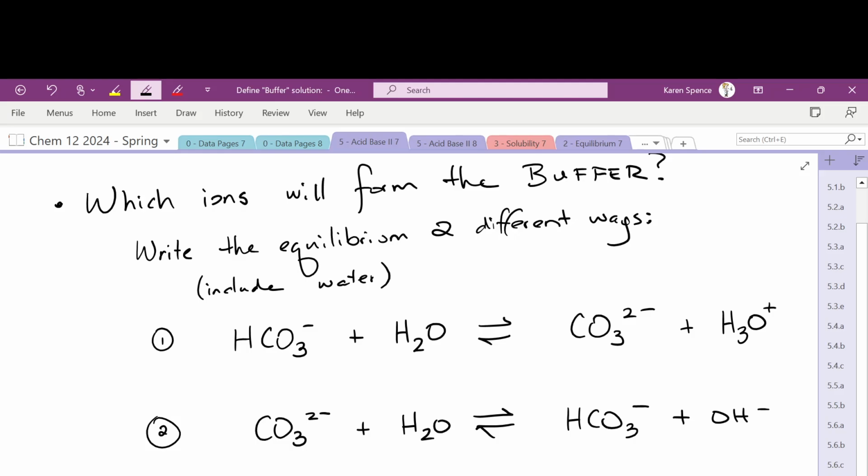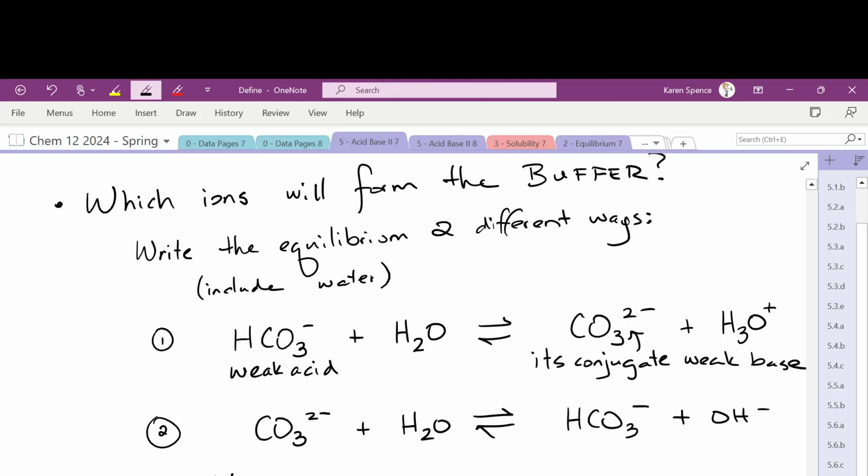So, as long as you have a weak acid and its conjugate weak base, or you have a weak base and its conjugate weak acid, then you have a system that can buffer.